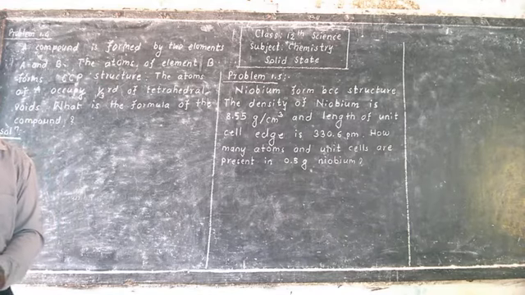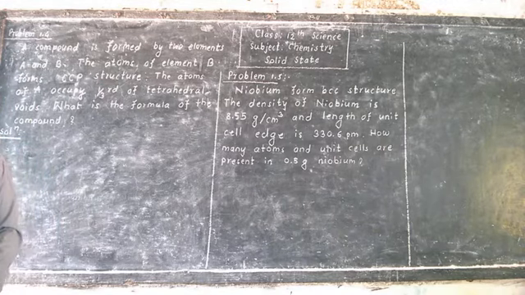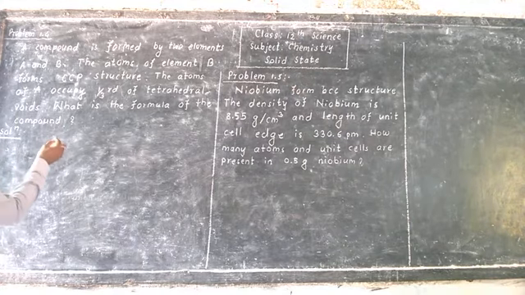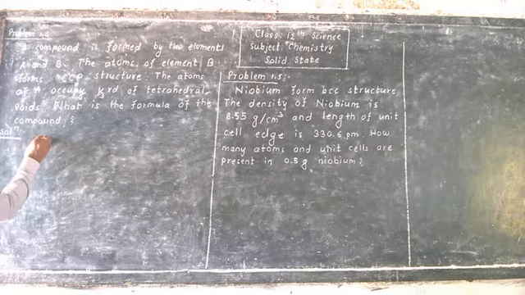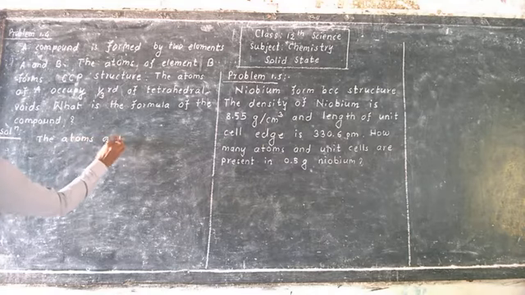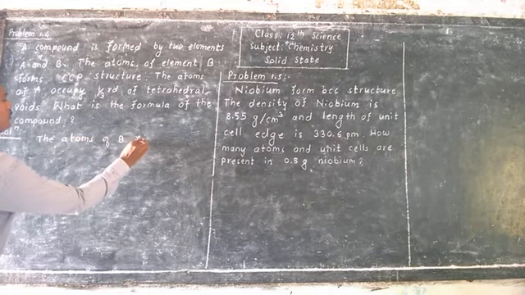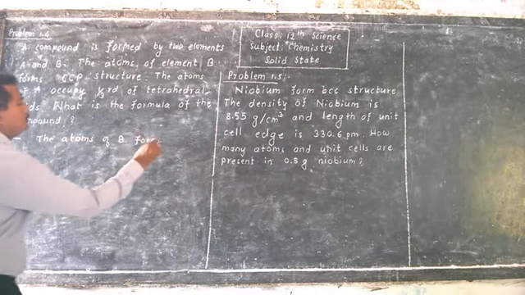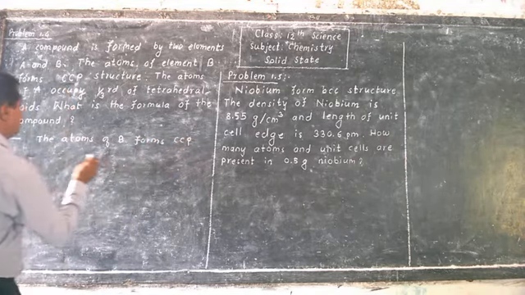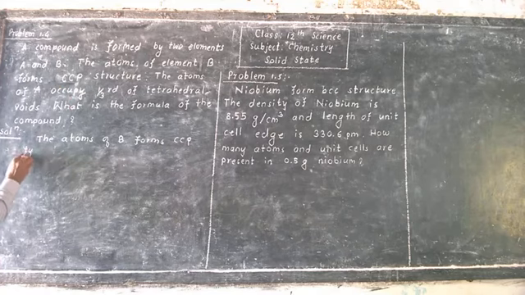So the atoms of B form CCP type of structure.